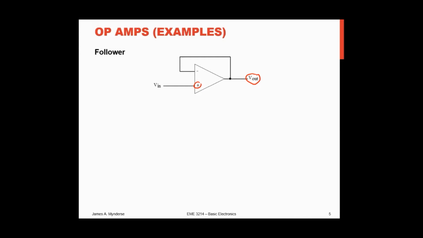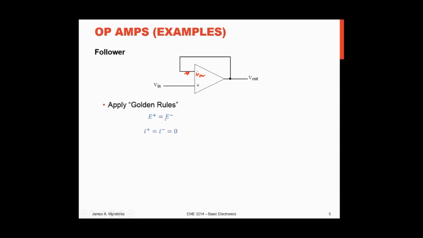And we have just a feedback connected right directly back to the minus input, right? So if I apply the golden rules, I know that E plus equals E minus, right? So this voltage here is going to be equal to V in, and that I plus equals I minus equals 0. There's no current there, okay?